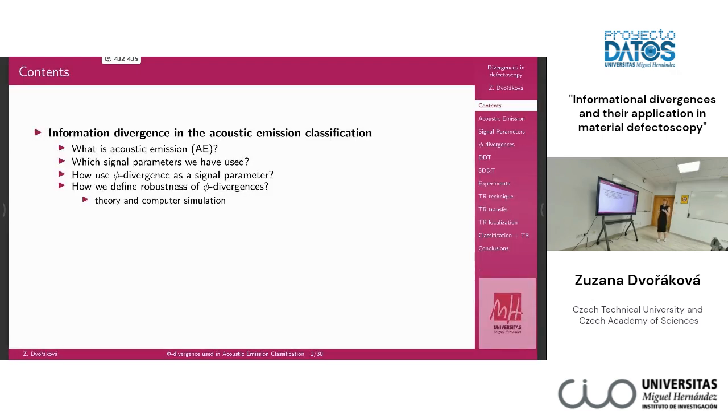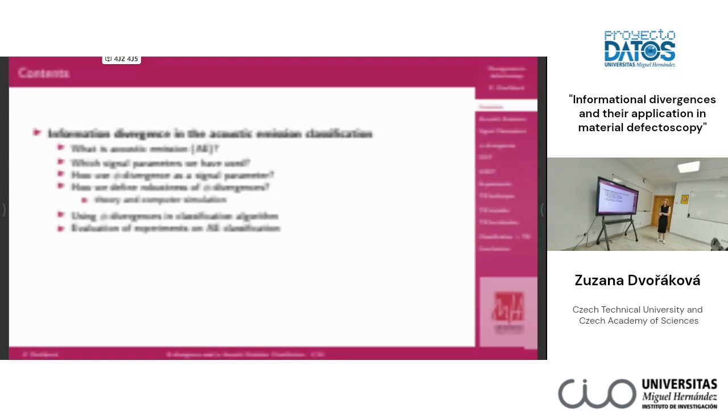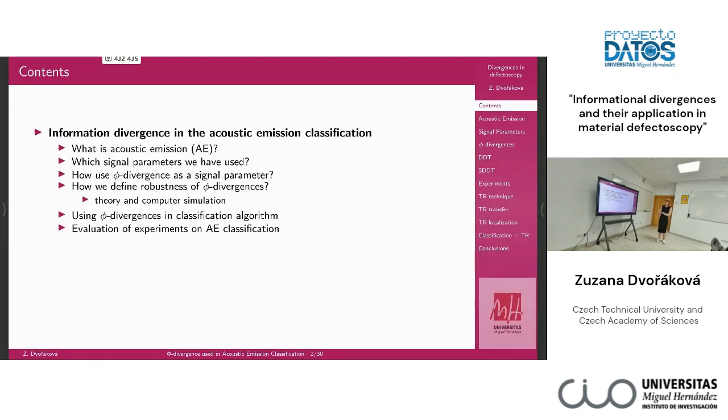When I talk about phi divergence, I will mention some theory concerning its robustness, and I will show you some computer simulations. Then I will show you how it's possible to use phi divergence in a classification algorithm, and some practical experiments on acoustic emission classification.